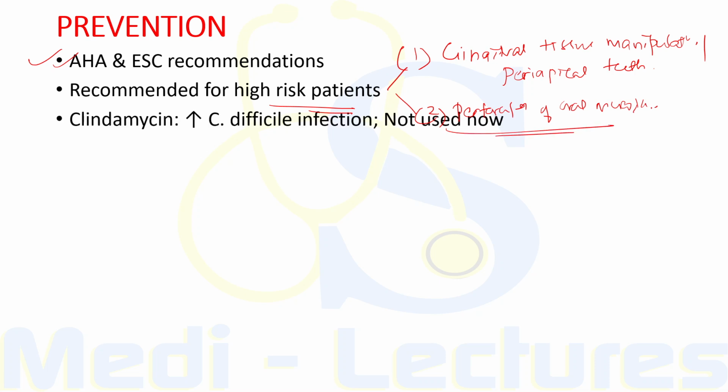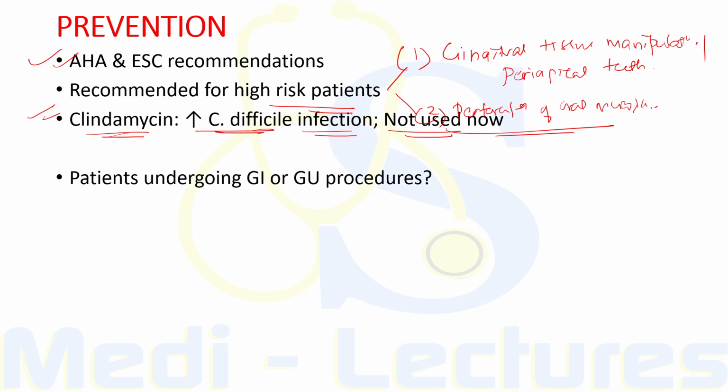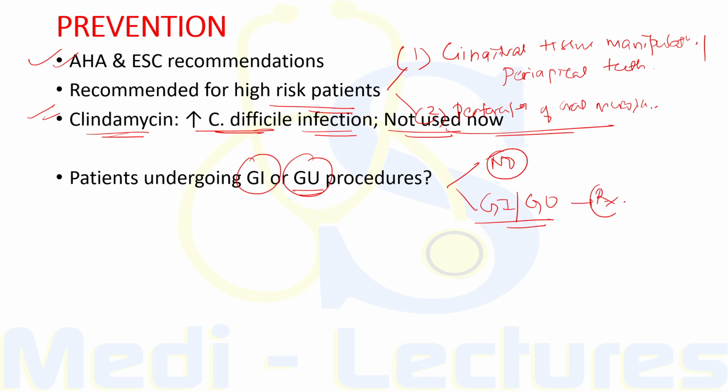So earlier clindamycin was also used for prophylaxis, but it is associated with increased risk of Clostridium difficile infection, therefore not used now. Now, should prophylaxis be given for every patient who is undergoing gastrointestinal or genitourinary procedure? No. It is not recommended for each and every patient. But if the patient has any gastrointestinal or genitourinary infection, this should be treated before the procedure.